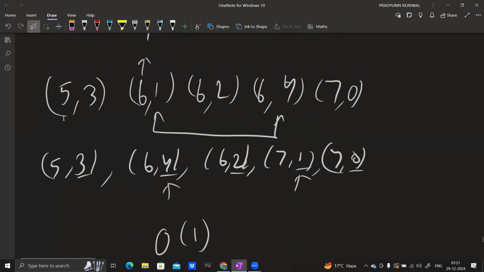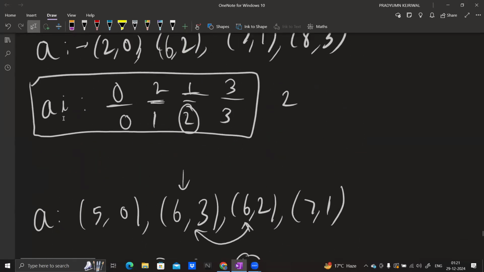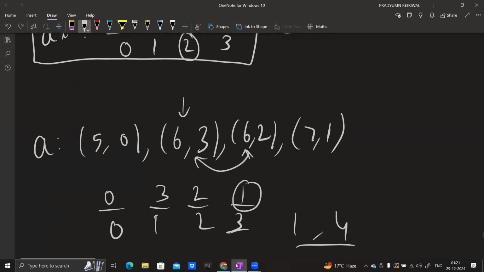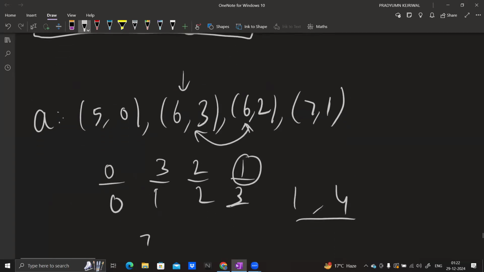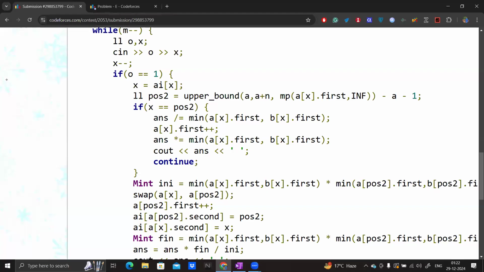I think it's clear, but suppose we have this inverse array, and the problem wanted me to decrease or increase the first index. Then essentially I want to increase the third index, this one, because I have sorted it. So in the sorted array, where is my element? That's what I am finding.